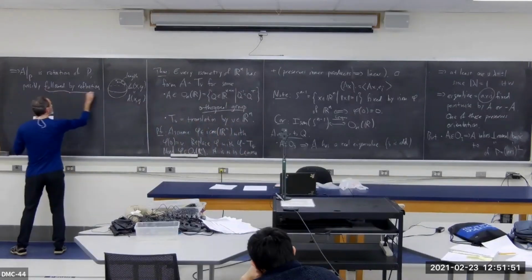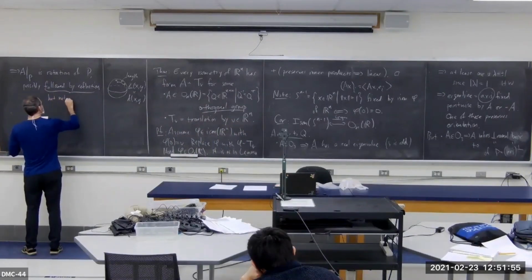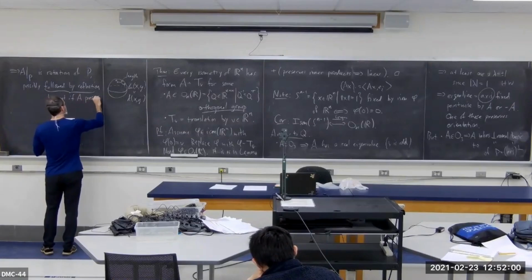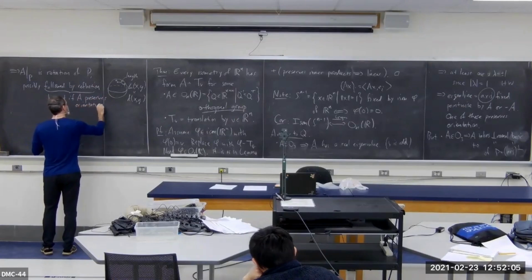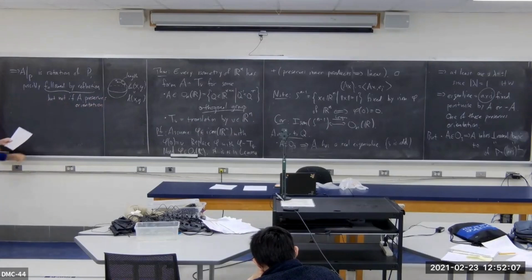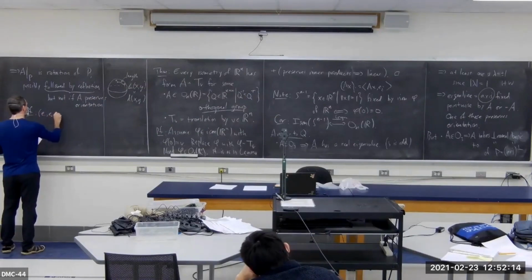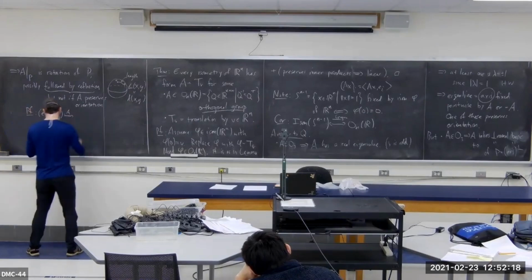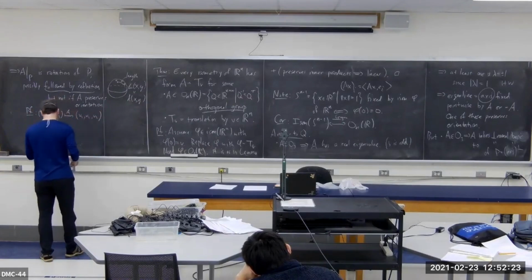But I claim that this can't happen if it preserves orientation. Why not? So here's a proof of this. Suppose that E1, E2, E3 map under A to V1, V2, and V3.